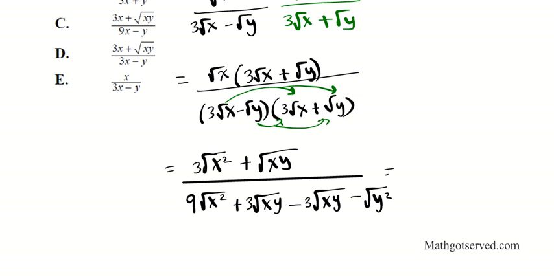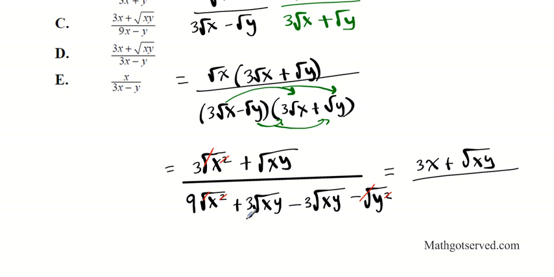Okay? Remember, if you take the square root of a square, those are inverse operations, so they cancel out. So on the top, the square root and this square cancel out. In the denominator, the square and the square cancel out here. Likewise here. Okay? Alright, so in the numerator, I'm going to have 3x plus root xy divided by, in the denominator, notice what's happening here though.